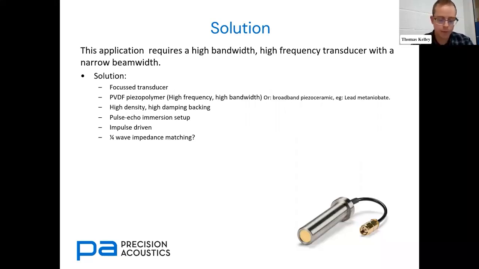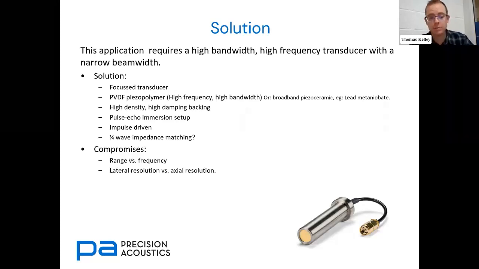It could be made from a piezopolymer film, or maybe a broadband piezoceramic, a lead metaniobate or something. PVDF would be all right, as we're assuming it's going to be a room temperature environment. Maybe we're working pulse echo, and that's all right for PVDF, as it's pretty reasonable pulse echo, and it's got good receive capability.